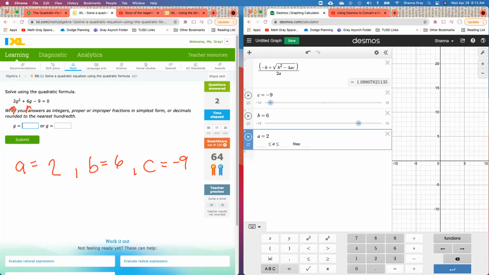then I can see that the positive version is this number, which looks like a decimal rounded to the nearest hundredth, right? Because I don't even get the option on this one to change it to a fraction, which means it's irrational. It means this has some kind of square root involved with it. It was not a perfect square. So I'm going to round this to the nearest hundredth, which means I am focusing on the 1.098.